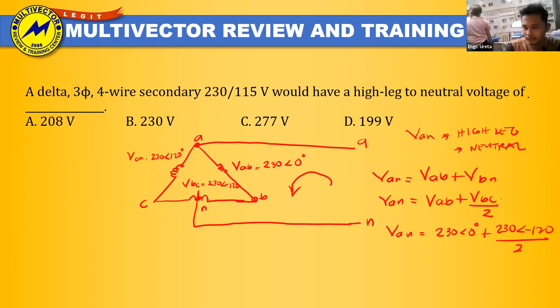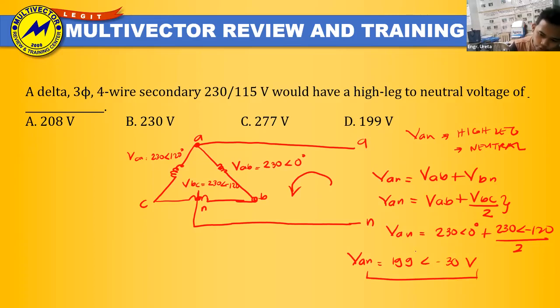Take note, because it is center tapped, VBN is half the number of windings of our VBC, so it is also half the voltage. So following this, VAN, which is the high leg to neutral voltage, we can compute as 230 plus the rest, which gives 199 angle 30. Of course, you only take the magnitude. The magnitude of that is the letter.